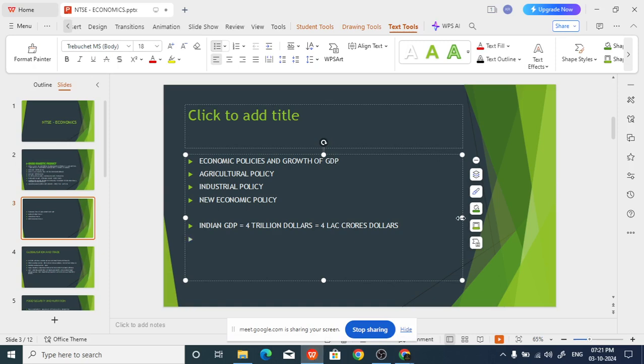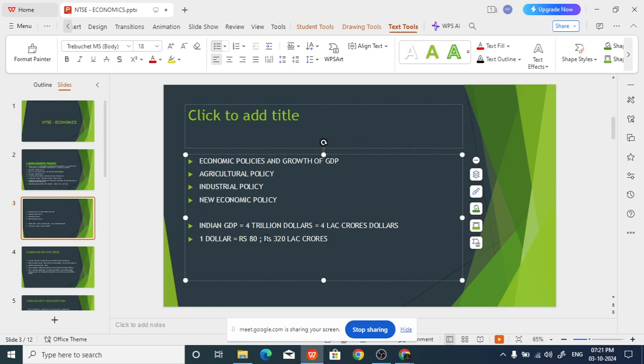So how much is our GDP? 4 into 80, 320 lakh crore rupees. This is the Indian GDP in rupees.